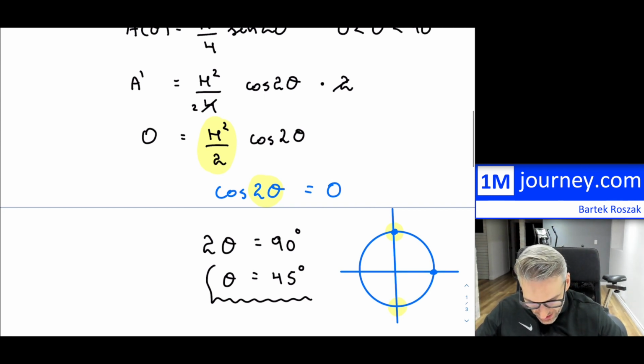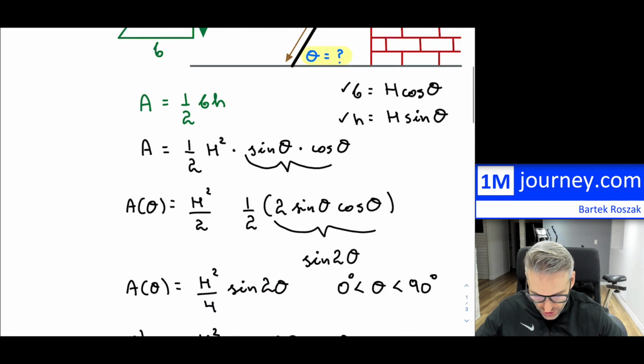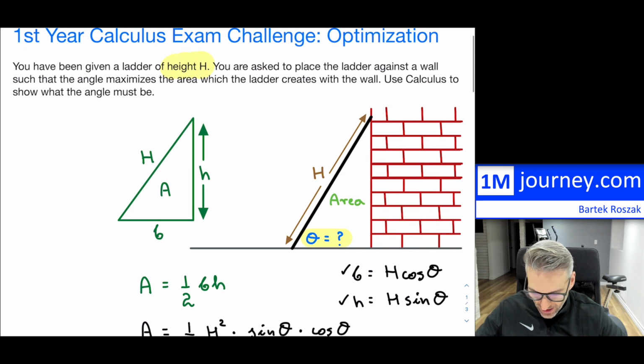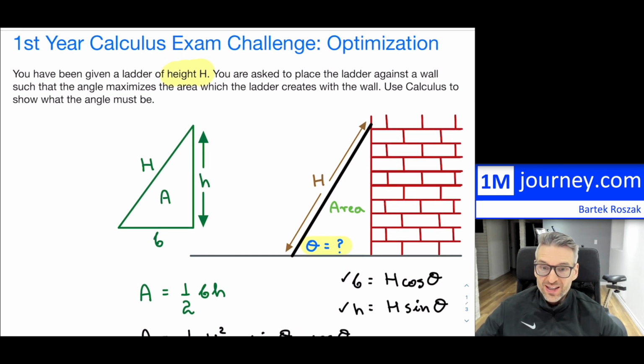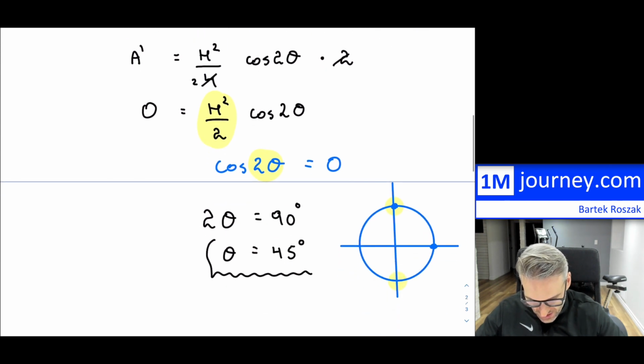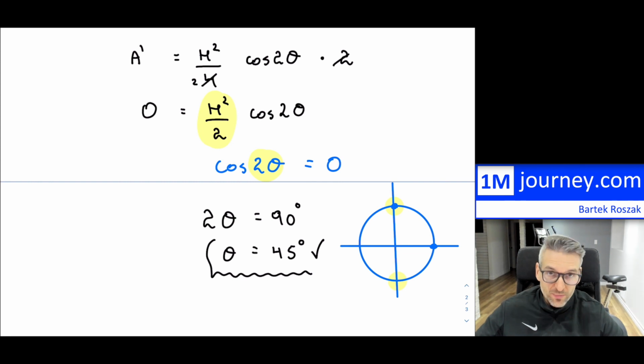Now, with this 45, this should do the trick. You should say, okay, so the angle is 45. Again, because maybe it's an exam and they're really picky, you might want to show that indeed this happens as a maximum. It's not a minimum, although a minimum wouldn't really make sense in terms of areas in here.